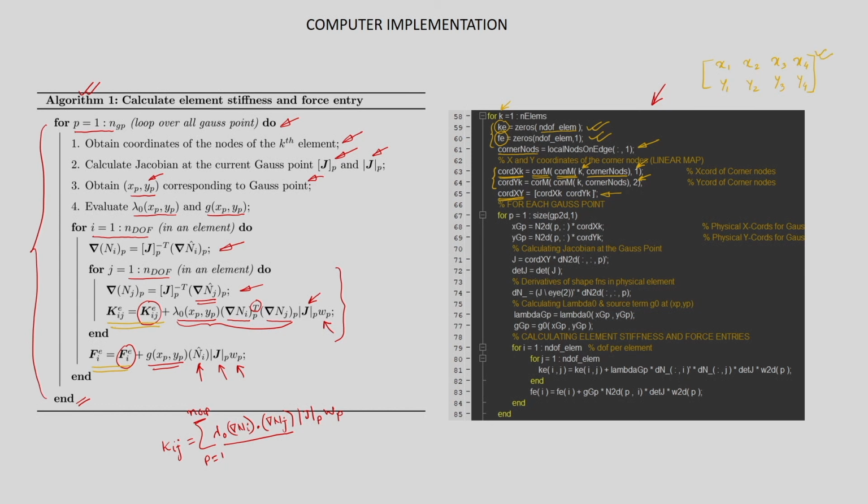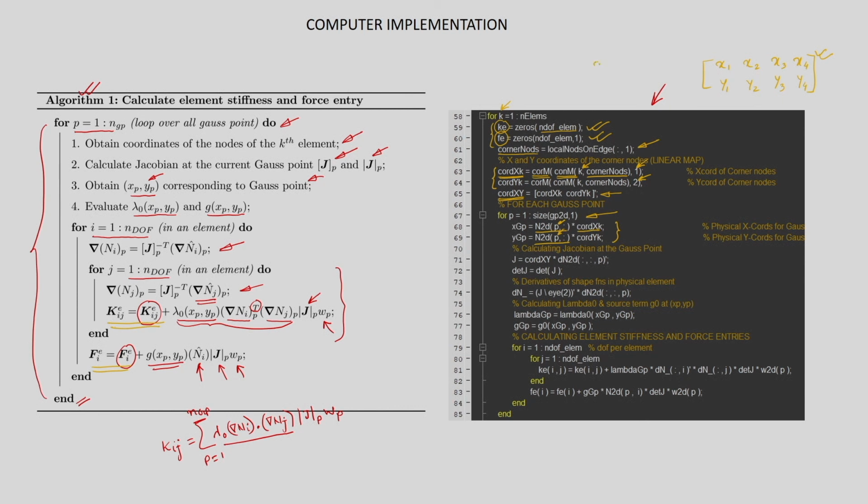Then we loop over the Gauss point P for the kth element, and we follow the algorithm that has been discussed. First, we calculate the physical point corresponding to the pth Gauss point. If you can see, this is the pth Gauss point. N2D is basically returning the shape function values at the pth Gauss point, multiplied by the x coordinate.